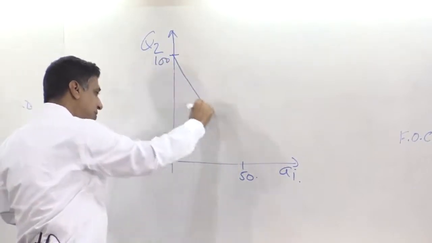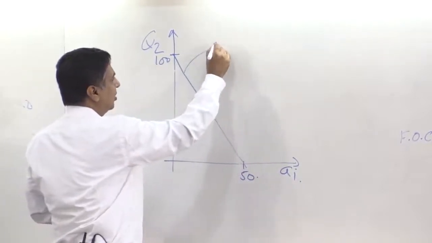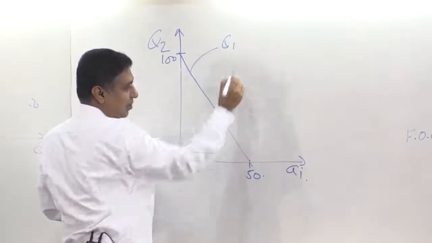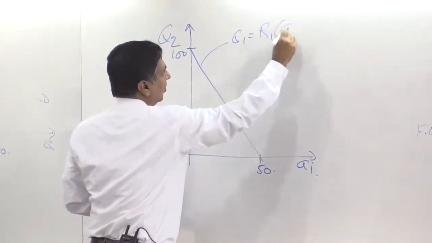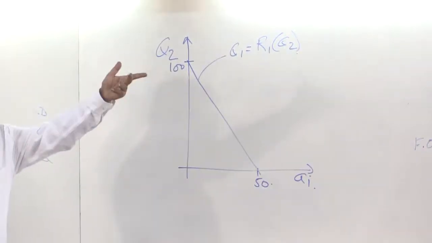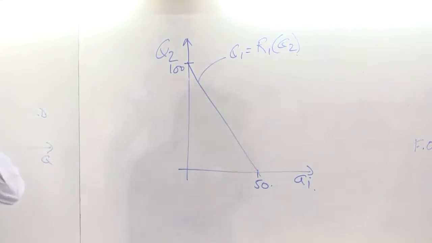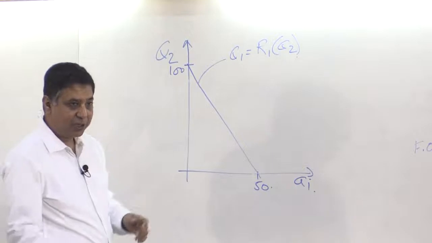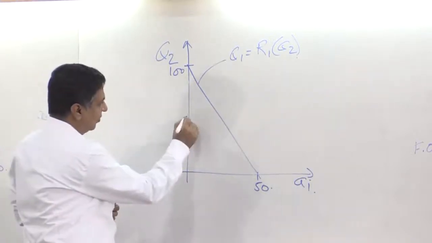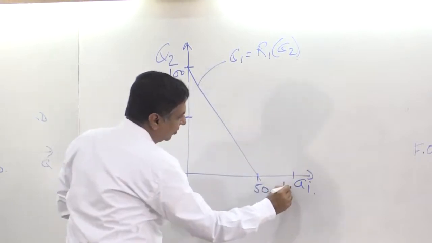So, I will join up these 2 points and I will get Q1 as a function of Q2. Now, we can do the other way around, Q2 as a function of Q1. When Q1 is equal to 0, Q2 will be equal to 50 just like before, and this will be 100.